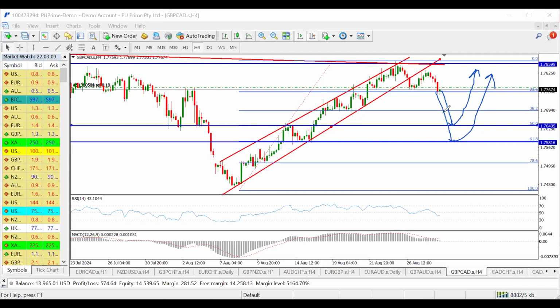In some instances of extreme volatility, it's possible for price to drop below 50 and 61.8. Sometimes people say you should target the most recent low, which is Fibonacci 100. There is no guarantee that price will get to 100. We don't control the market.